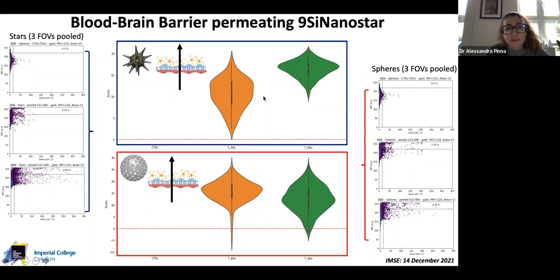By quantifying the percentage of the green dots coming from the particles, we can say that the nanostars are better uptaken. They cross the blood-brain barrier better. And it also seems that the spherical ones move forward and backward in the blood-brain barrier.